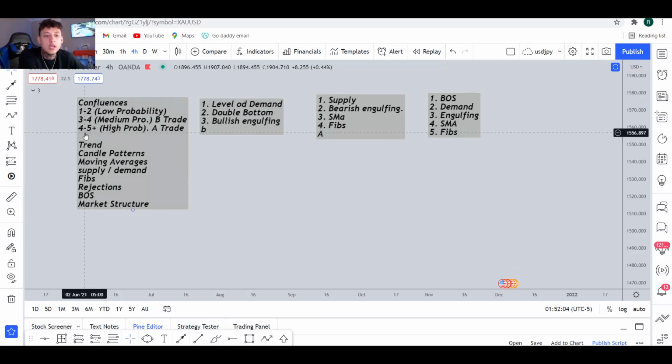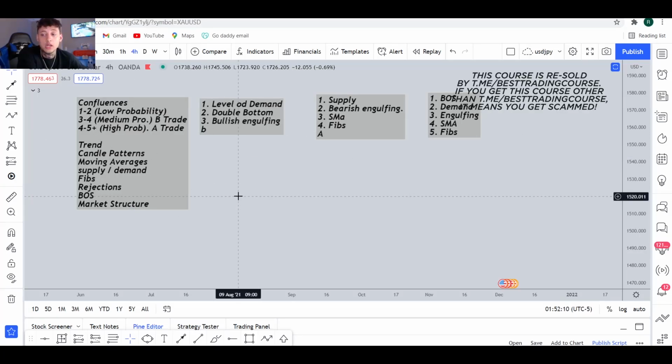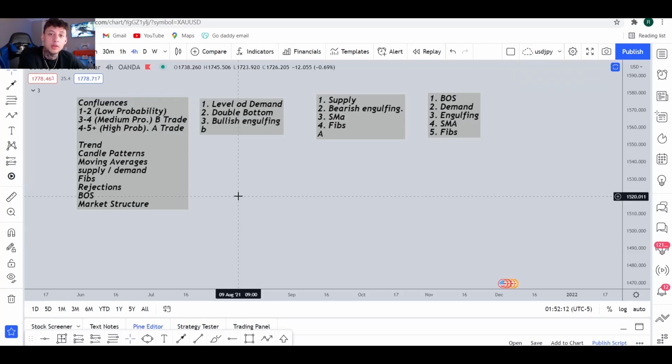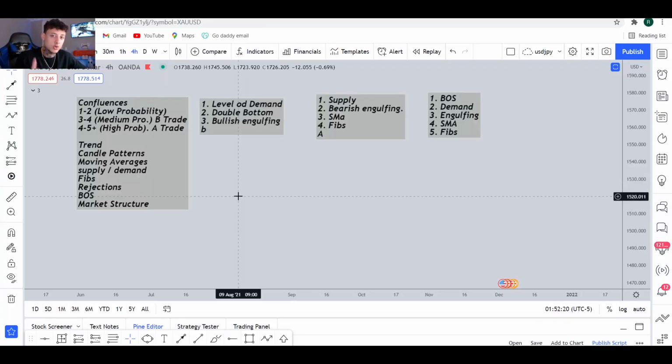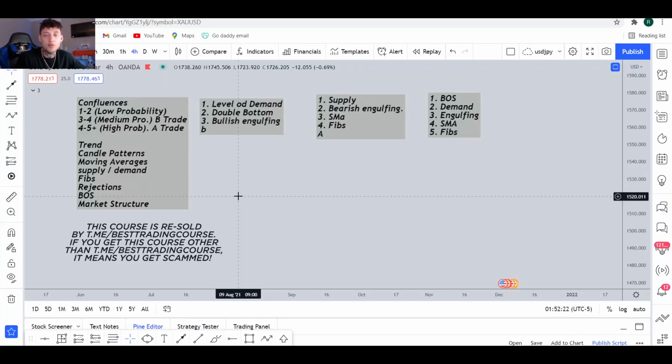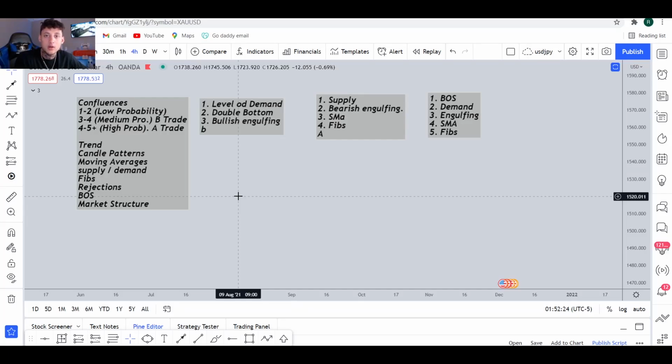But when you start getting into 5 confluences, 6 confluences, you know that, hey, this is a really high probability trade. I have a really high probability of winning, right? I'm probably going to go a little bit riskier. But just because you're going a little bit riskier doesn't mean that that one trade is going to wipe out 4 or 5 of your last winning trades, right? Just know that you still have that probability of losing.